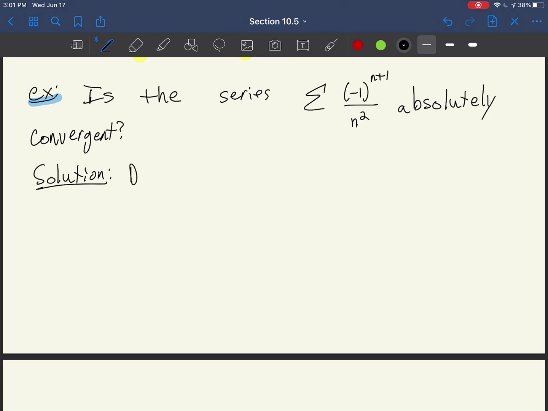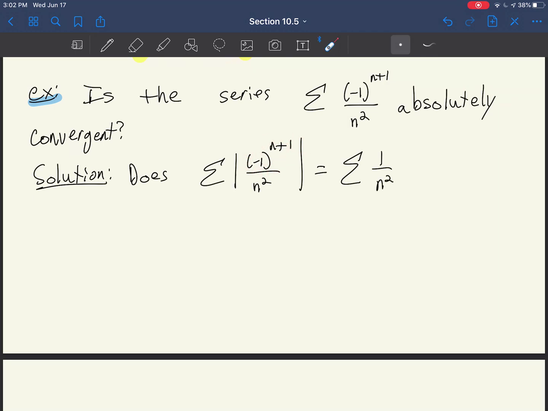So to answer if it converges absolutely, we just have to ask, does the summation of the absolute value of -1 to the n plus 1 over n squared converge? But this is the summation of 1 over n squared. The absolute value is going to strip away this -1 to the n plus 1. So does this converge?